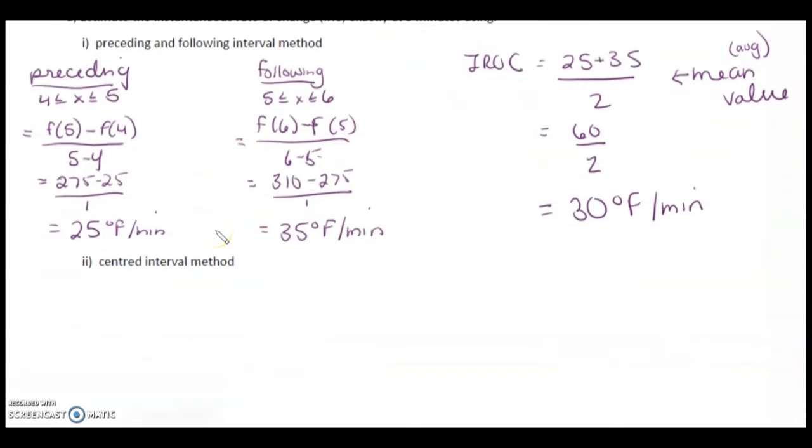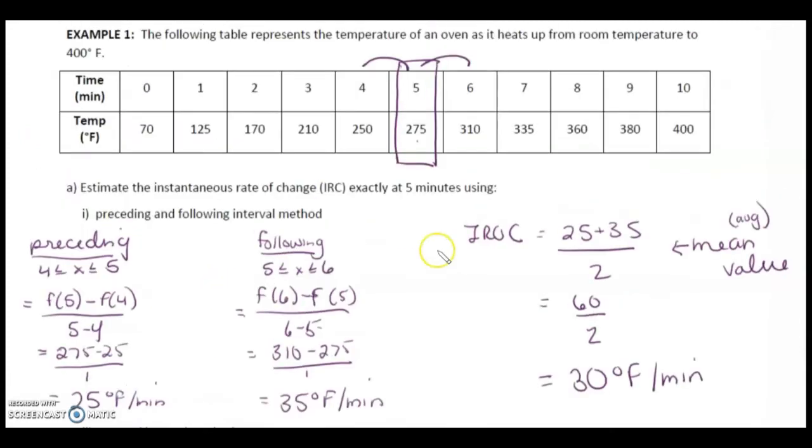All right, number 2, centered interval method. That is going to be between 4 and 6, because the middle number was 5, and we go 1 down and 1 up. If this was, for example, 4.5 and 5.5, that would be a difference of 0.5 each, and we would use those numbers.